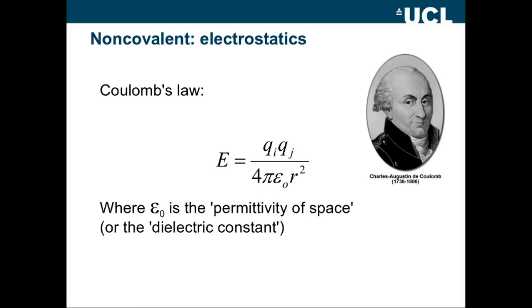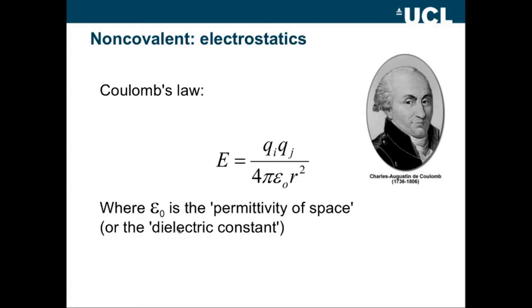The formula that we use to describe the energetics of electrostatics is simply Coulomb's law. So Coulomb's law states that the energy is the product of the two charges divided by 4 pi epsilon naught r squared. Epsilon naught is referred to as the permittivity of space, or the dielectric constant.